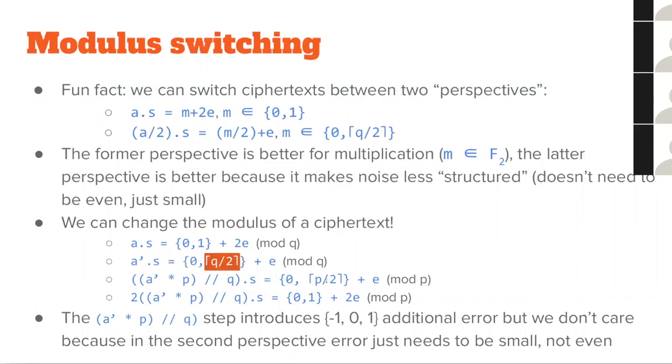Ceiling of Q over 2 becomes roughly ceiling of P over 2. Small error becomes small error, except the error itself also gets downscaled, right? So it gets downscaled from being some small fraction times Q, to being the same small fraction times P. And so the actual magnitude of the error goes down.